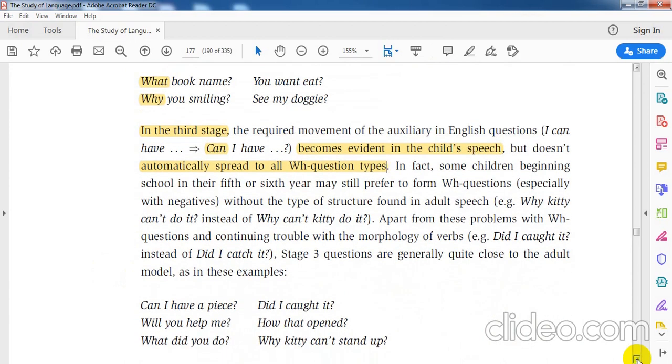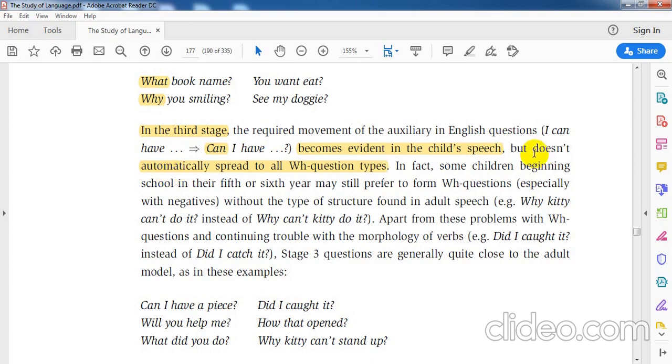Now, the child can use the WH question and can also use can, may, will, among many auxiliaries found in English, but the joining between the WH question and the auxiliary in the form of a question is not yet a notable development in the process of acquiring the first language here.